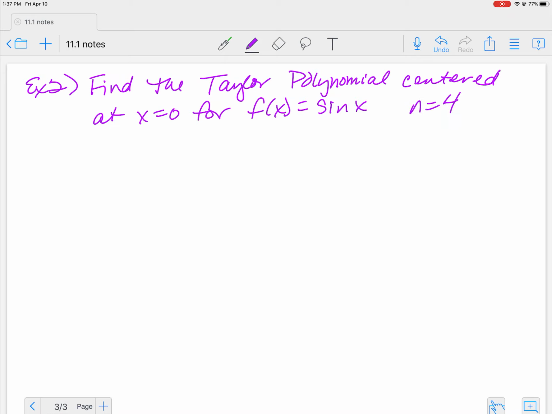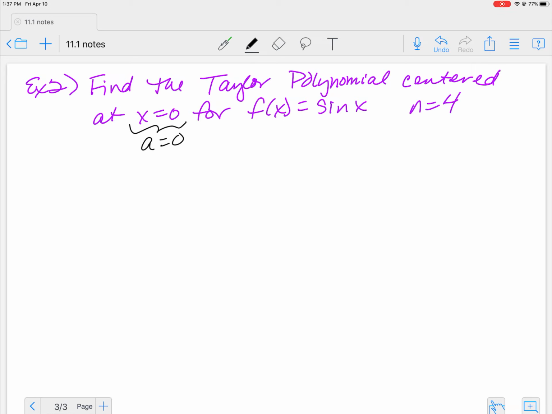And I'm going to go with 4 terms. All right. This centered here part of it, I'm going to go black. This is the same thing as my a equals 0. That's the same concept that we're looking at. So centered at 0, that's going to be my a value. And then we go from there.